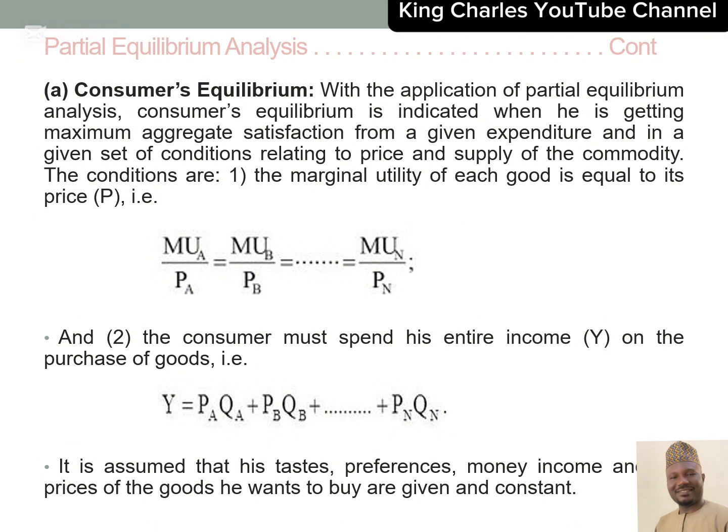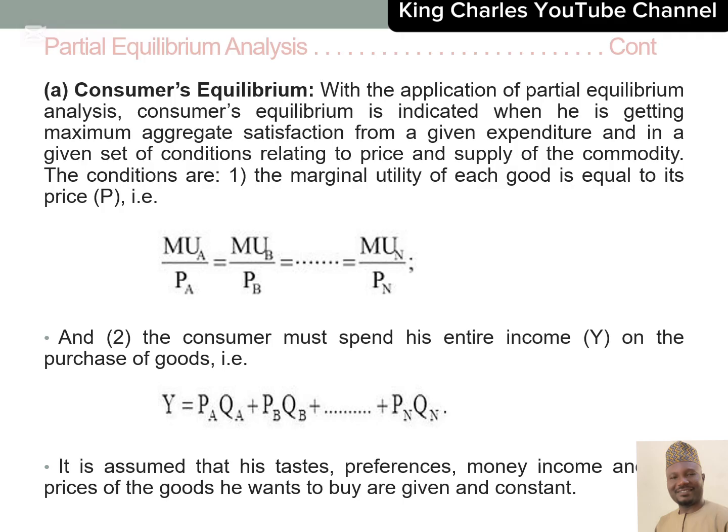The MUN must equal PN. So the overall consumer equilibrium is established as MUA over PA equal to MUB over PB equal to MUC over PC equal to the Nth product MUN over PN.